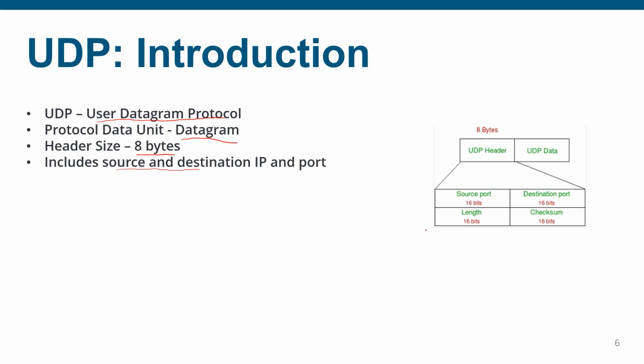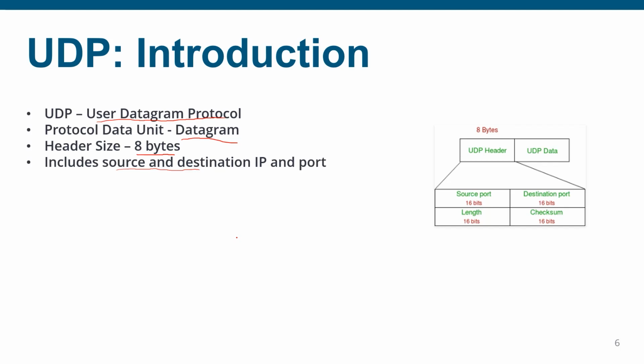But other than that, we have no mechanism within this protocol to be able to confirm reliable transmission. This is where UDP is connectionless. When UDP packets are sent, there is no mechanism within the protocol to confirm whether they were received or not.